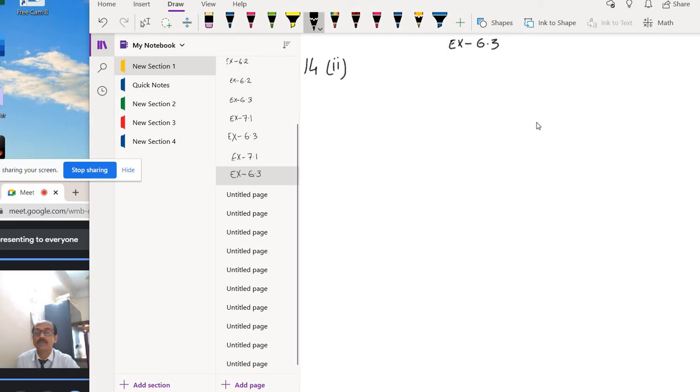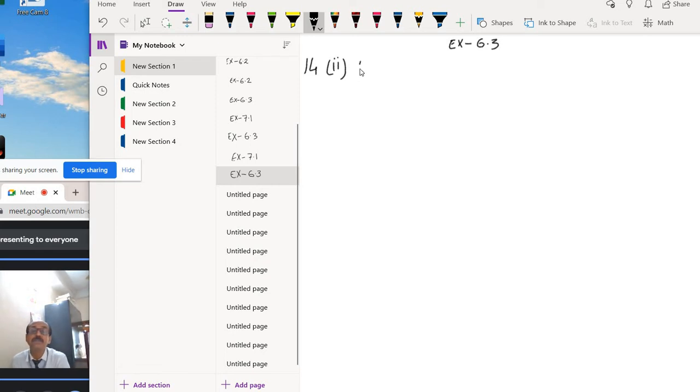Good afternoon. Chapter Tangent and Normal, exercise 6.3, question number 14, part 2. The question is: find the equation of the tangent and normal to the given curves at indicated points.